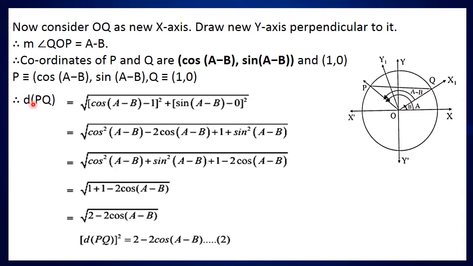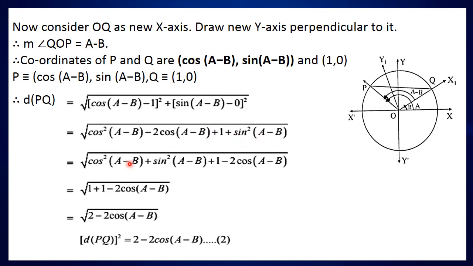Now the distance between P and Q is the root of (cos(A minus B) minus 1) the whole square plus (sin(A minus B) minus 0) the whole square. Now we will expand this: cos square(A minus B) minus 2 cos(A minus B) plus 1 plus sin square(A minus B).